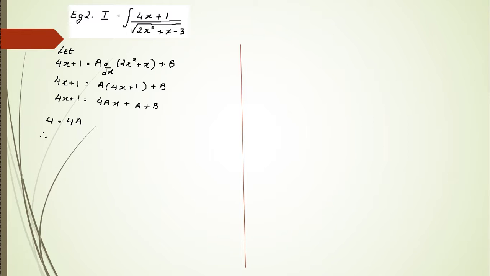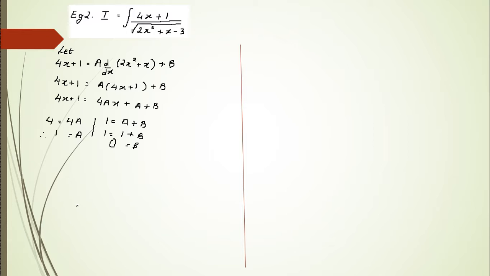Therefore a is equal to 1. Now comparing the constants, so 1 is equal to a plus b. Now putting the value of a, I will get 1 is equal to 1 plus b. Therefore b is equal to 0.